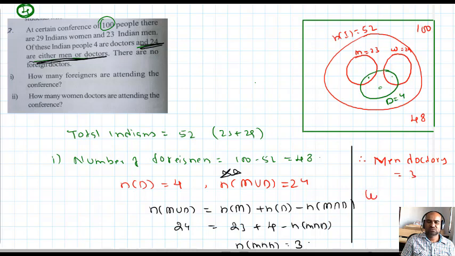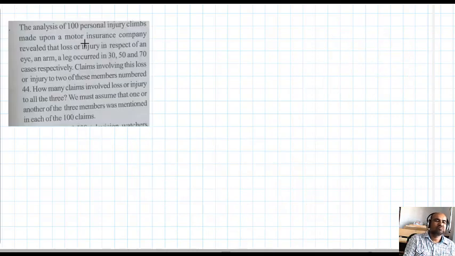Women doctors equal 4 minus 3, that is equal to 1. Interesting problem. So this step is important for the problem. 4 problems completed now. Next, 5th problem.